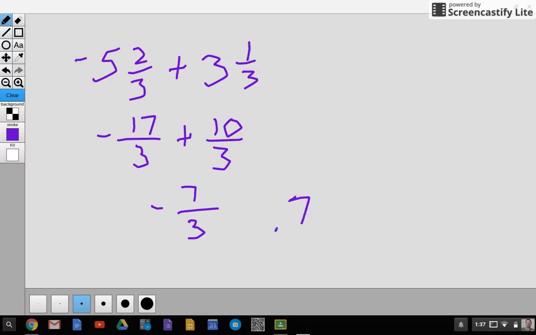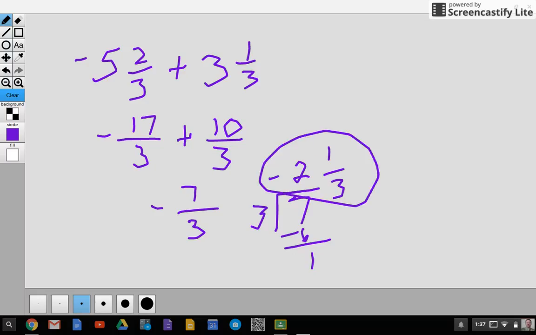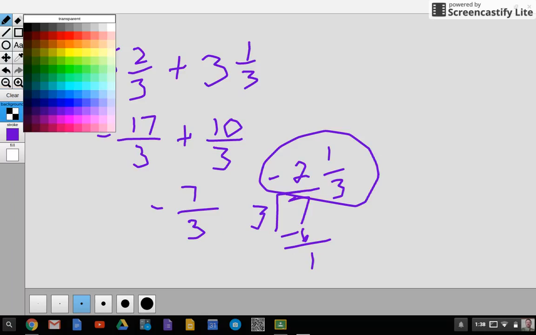So I got to change that improper fraction to a mixed number. 3 times 2 is 6, and I have 1 left over. So that would be 1/3. And that, of course, will be a negative 2 1/3. That's what I'm going to get for that problem. Okay. We're gaining on it.